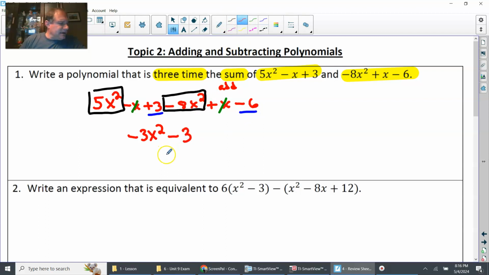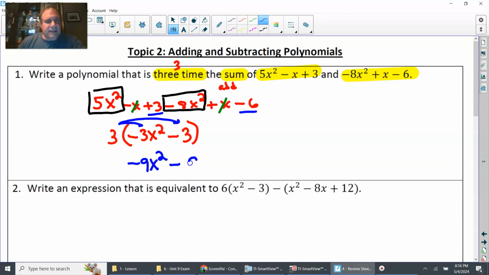So not terrible. But it says 3 times the sum. So I'm going to go ahead and put that in parentheses and put the 3 out in front. Now I am going to do distributive property. And 3 times -3x squared is -9x squared. And then 3 times -3 is -9. And that is your answer right there.